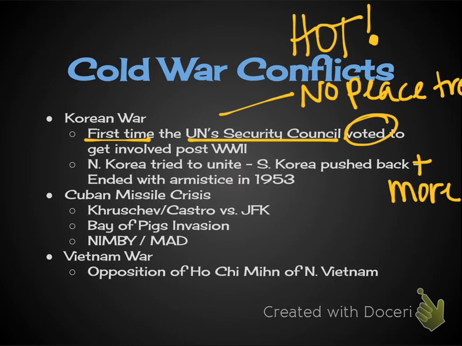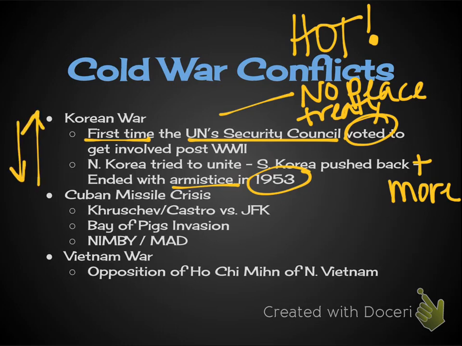I ran out of room there: no peace treaty. So make sure you're familiar that there was not one. They just had an armistice. They agreed to stop fighting and talk peace. And they then separated again at the same spot. So we had them move one way, then the other way, and then we came back to the middle.